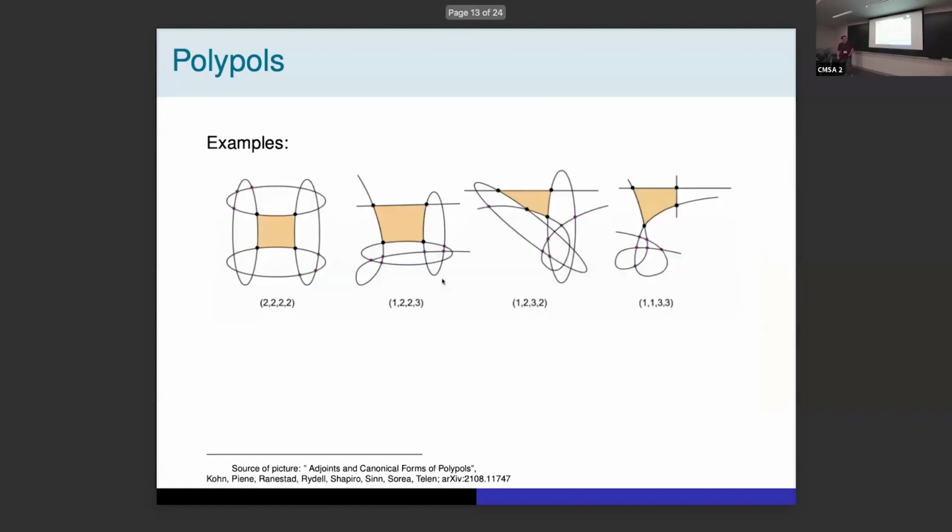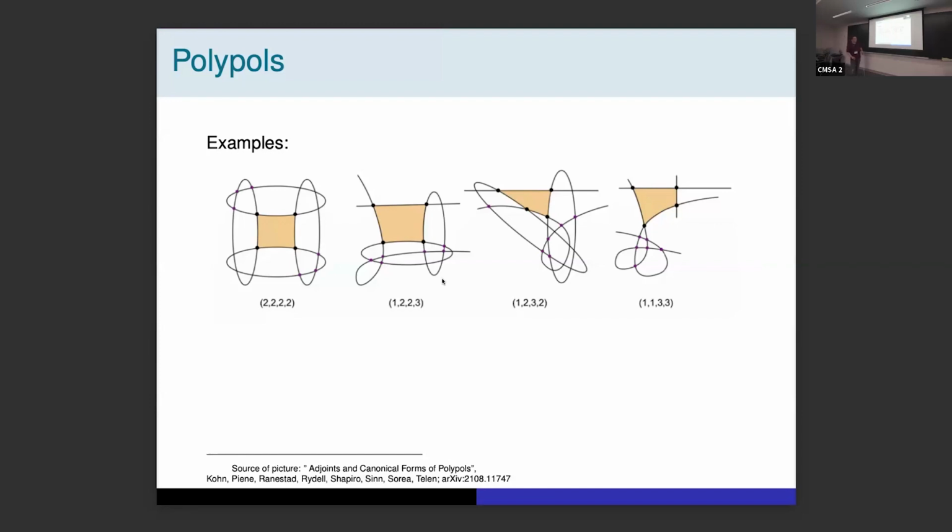I have some pictures here from this nice paper where they were studied by Kohn, Piene, Ranestad, Rydell, Shapiro, Sinn, Sorea, and Telen. Here are some polypols, and the numbers below are the respective degrees of the boundary curves. The shaded region is supposed to be the positive part.